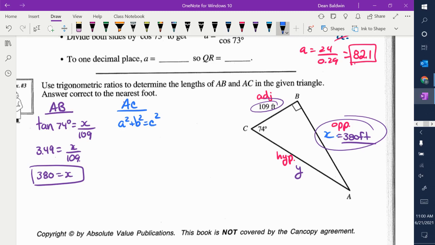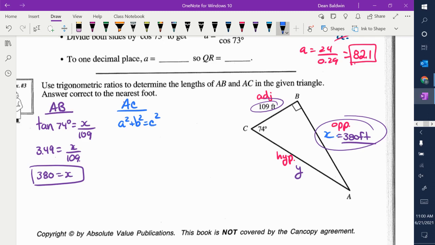When you're using the Pythagorean theorem, what is the only thing you need to remember? What's the key here? Does it matter what A and B are? What's the only thing that matters? C has to be the hypotenuse, all right? So in this case, that's going to be y for us.